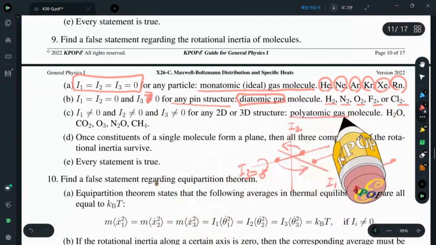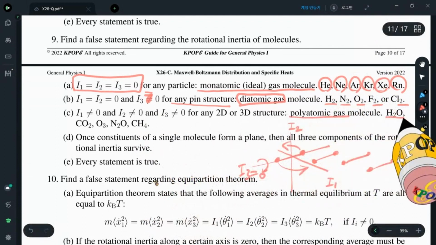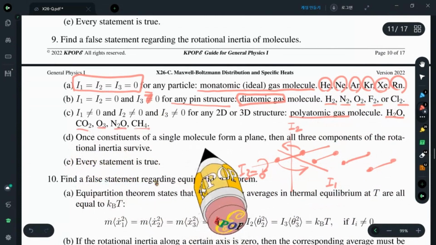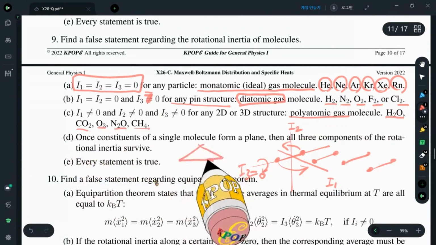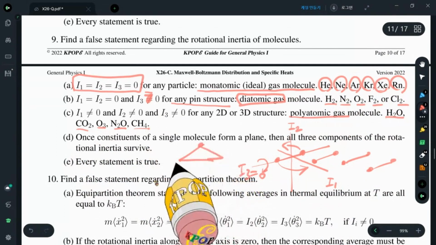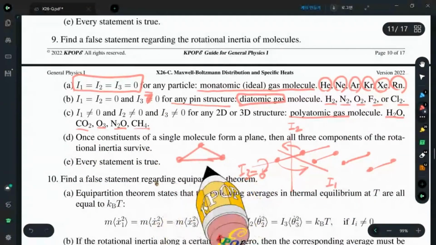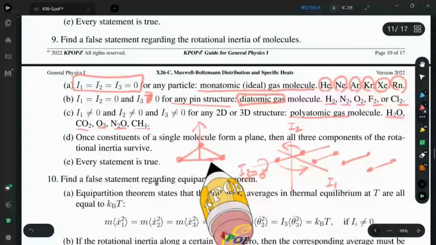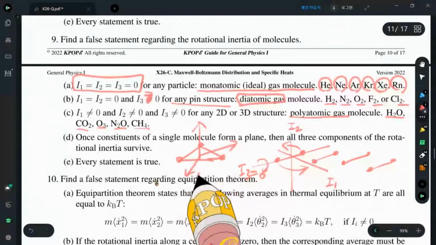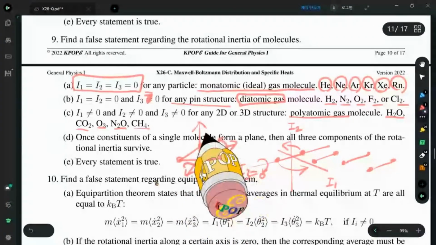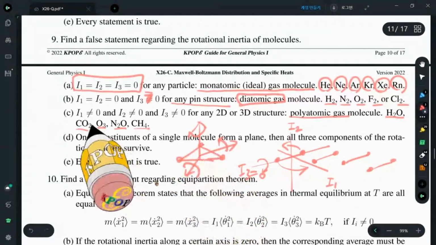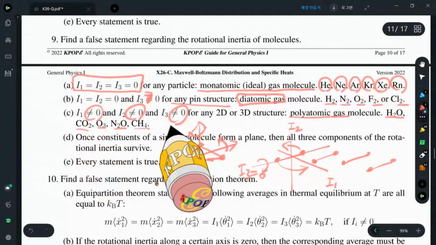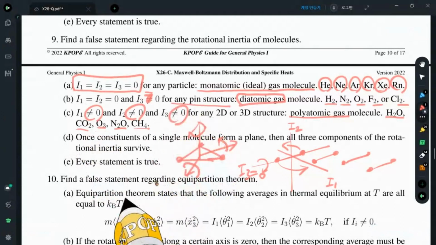If you have polyatomic gas, for example, 3 atoms or more, in a plate, a triangular structure of 3 atoms, in that case, rotation about any of the 3 axes has non-vanishing rotational inertia.